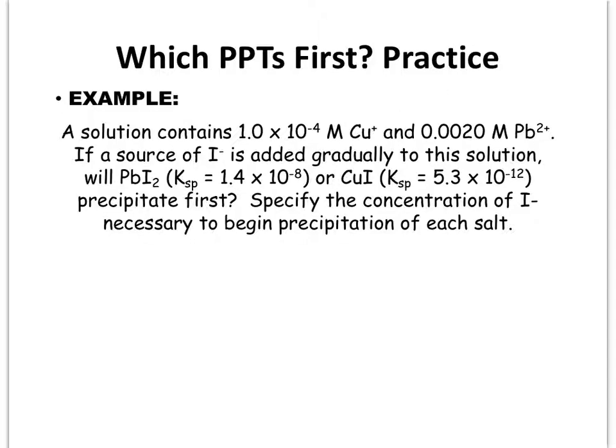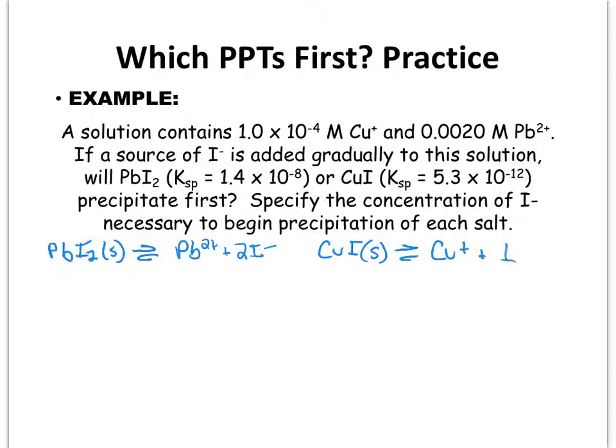expression for each of the possible precipitates. So first, I know I have my PbI2 here, right? That would be my solid, and it would be in equilibrium with its ions, which would be Pb2+ and 2I- here. And my other possible precipitate is the CuI here, and that would be in equilibrium when it dissolves with its ions, the Cu+ and the I-.